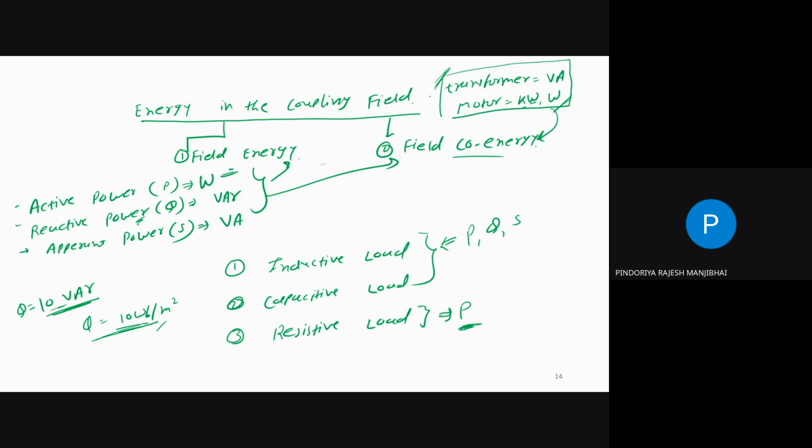So, did you observe in industry that transformer rating is in VA and motor rating is in W? Sir, for example, when a motor is operated at low load, the power factor drops very low, and at that time it requires more reactive power.